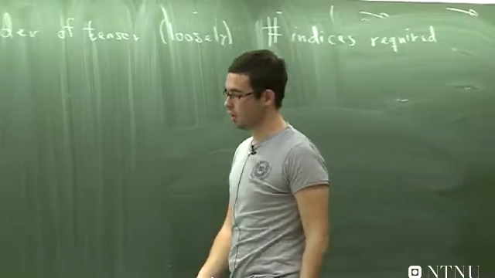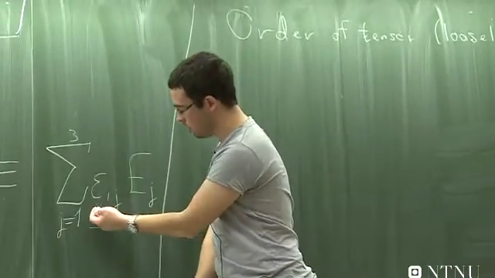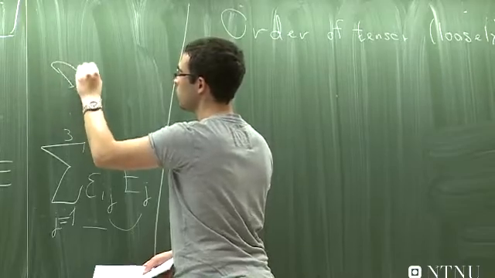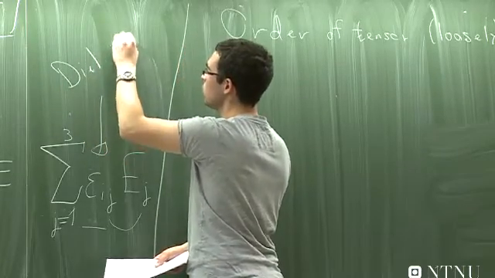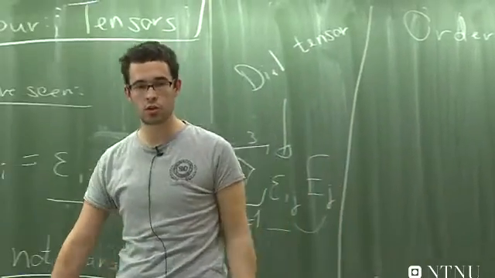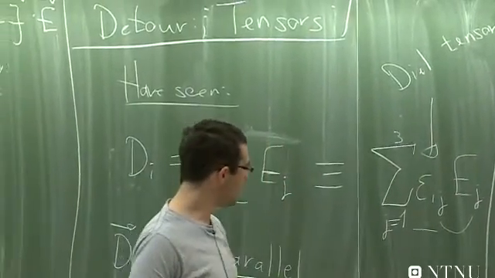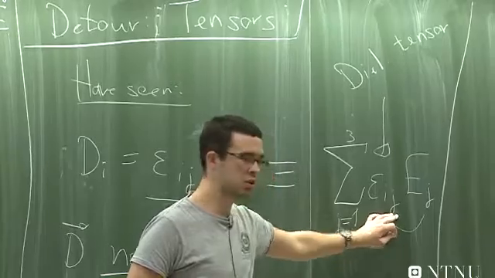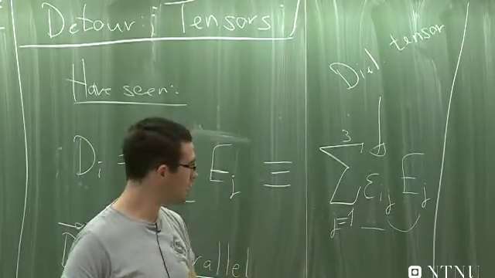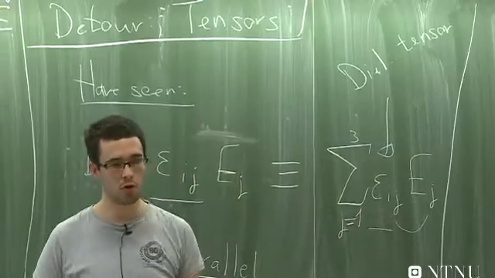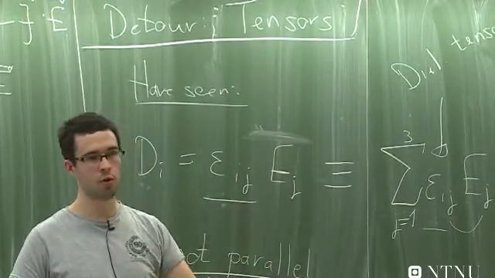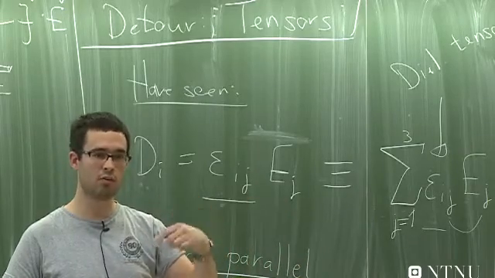So in this case, the dielectric tensor is a rank 2 tensor because it has 2 indices, meaning that, well, the physics is pretty clear here, right? We have essentially a matrix of 9 elements which determine how each of the E field components affects each of the D field components.